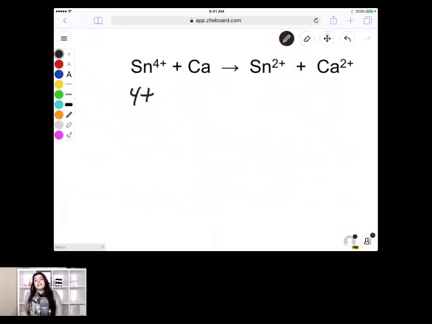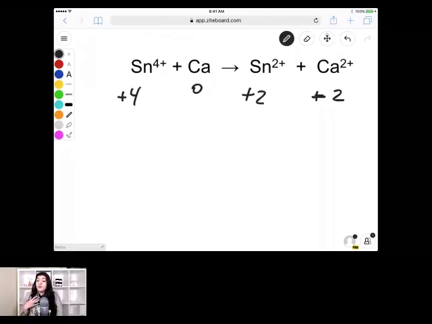And then I'll see tin has another charge again, and that has a 2+, or +2. They're not the ion charges. And then looking at this, calcium has a 2+. So that also has to be our oxidation number, because remember that anything that's charged is going to be the oxidation number of that element.